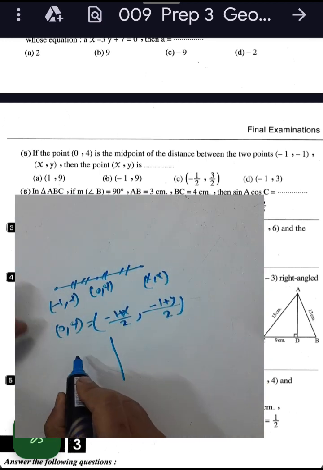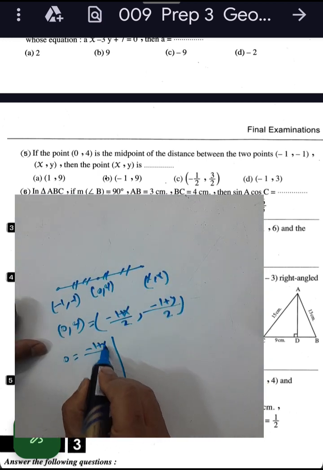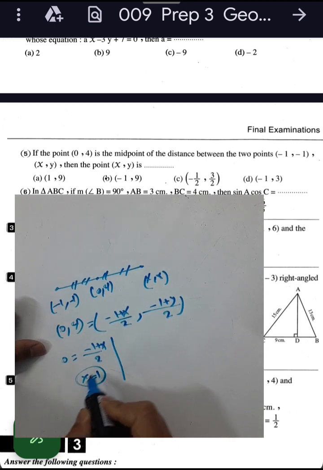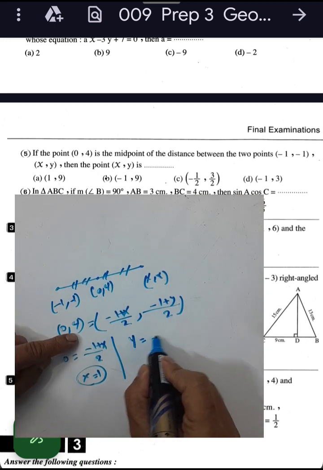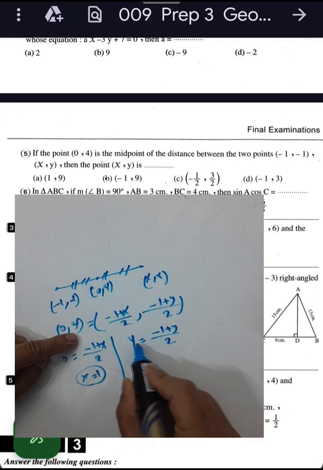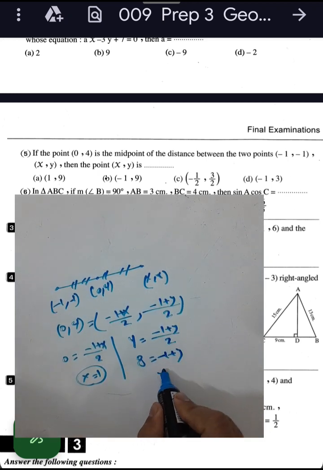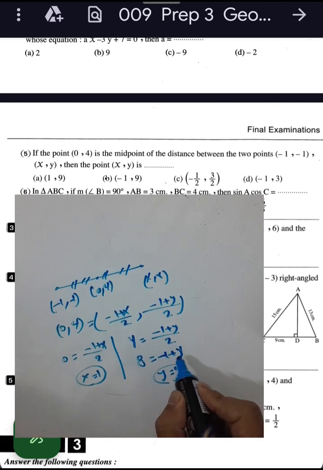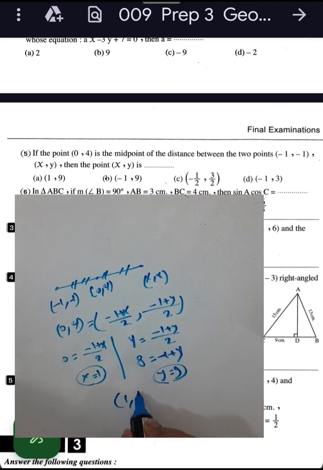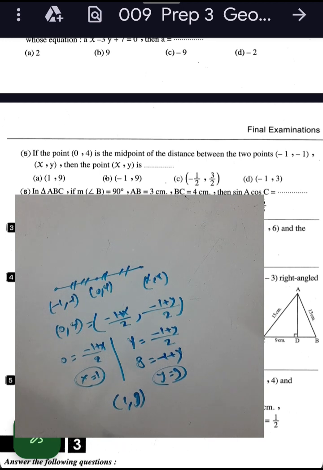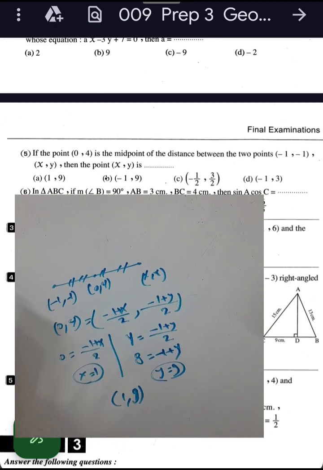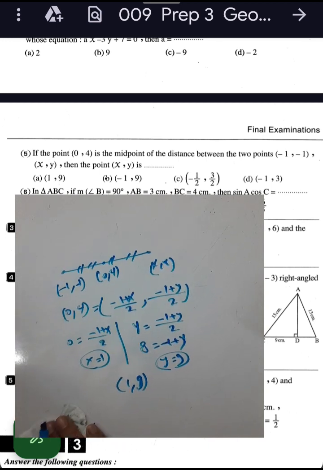Then 0 equals (-1 + x)/2, so x will be equal to 1. And here 4 equals (-1 + y)/2, so 2 times 4 equals 8, 8 equals -1 + y, then y will be 9. The point will be (1, 9). Choose letter A. Okay, understood?